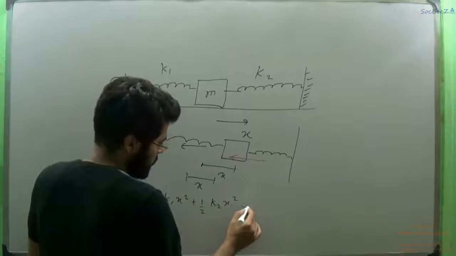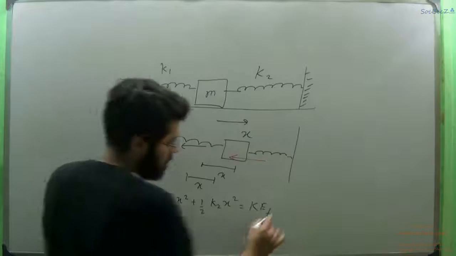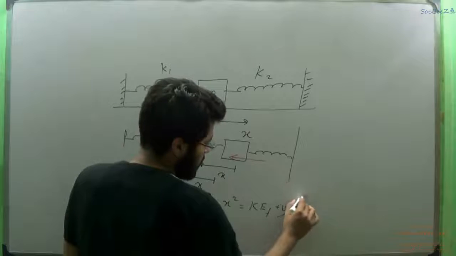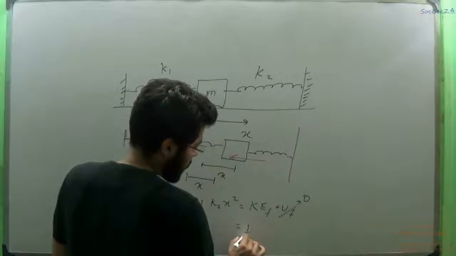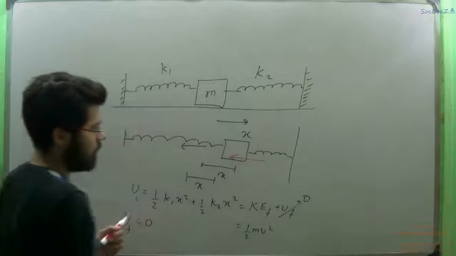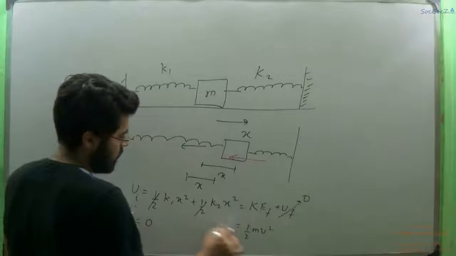So we can actually replace this by kinetic energy final plus potential energy final, and this is 0, so it will be just half m v square. So we can simply cancel out this half.